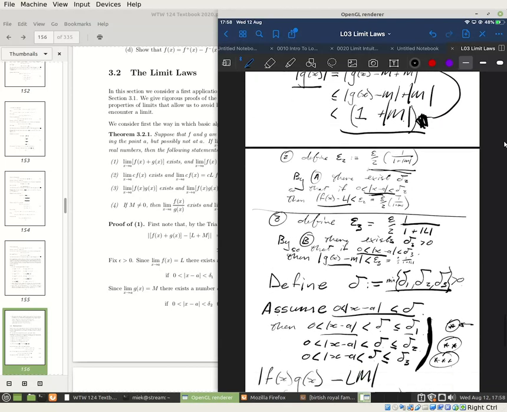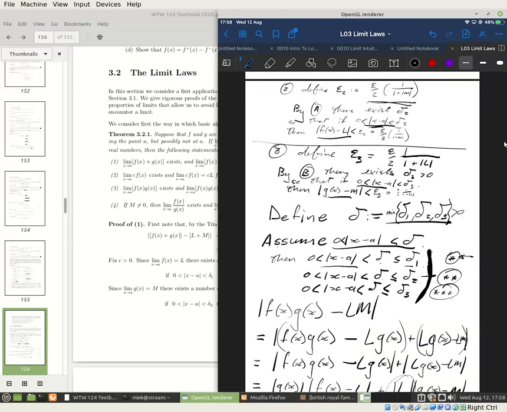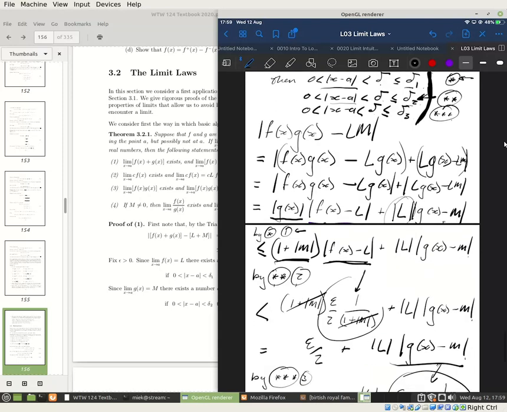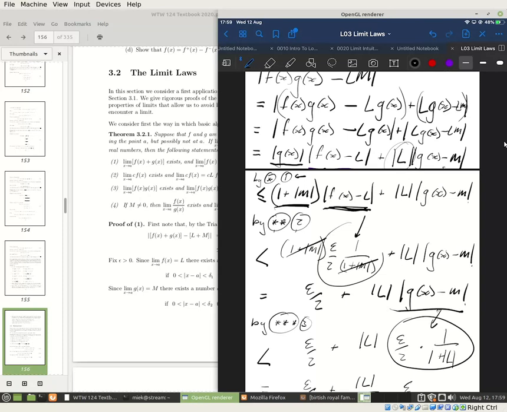So double star is here, tells us under this assumption this is true, this thing is less than delta 2, but 2 tells us if this thing is less than delta 2, this thing f of x minus L in absolute value is less than epsilon over 2, which is how we defined it over here. So we get this thing is less than that thing.